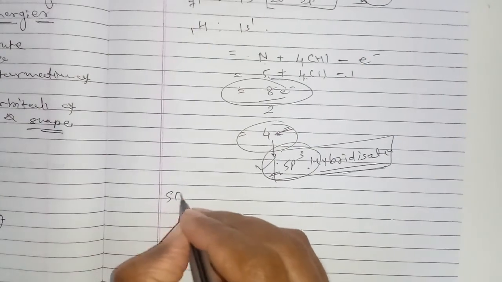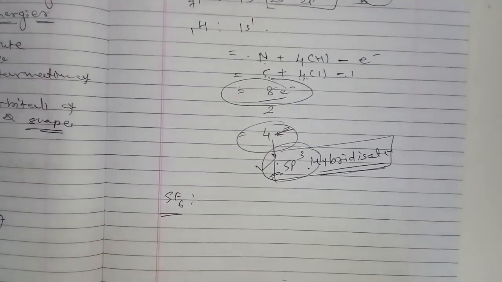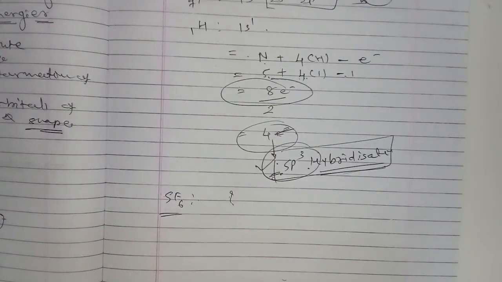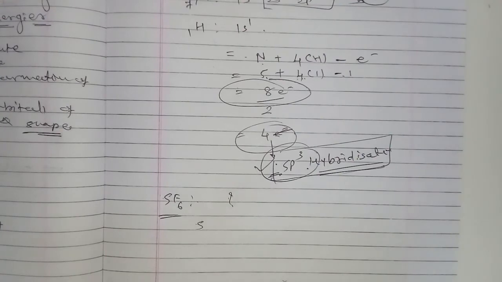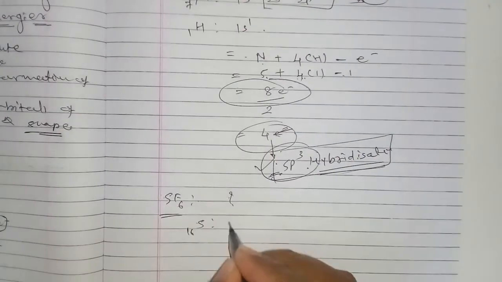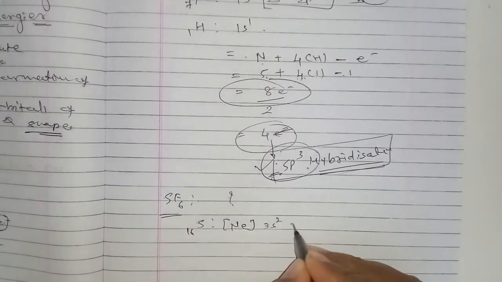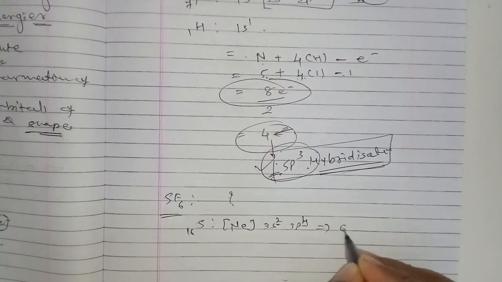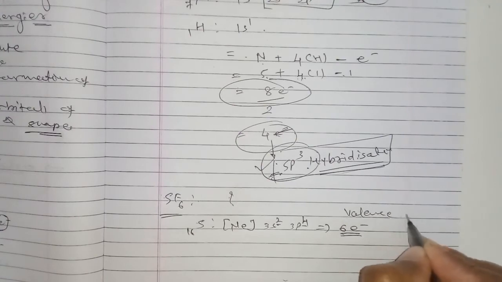In the last example, SF6, sulfur hexafluoride, which type of hybridization? For sulfur, the atomic number is 16, electronic configuration [Ne] 3s2 3p4, that means 2 plus 4, 6 electrons in the valence orbital.